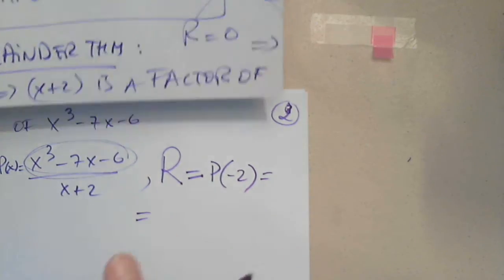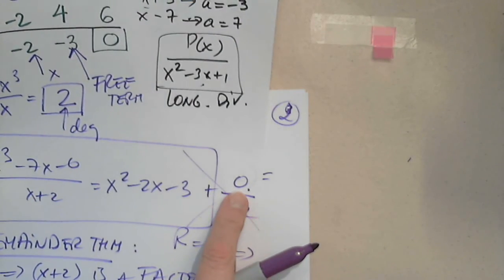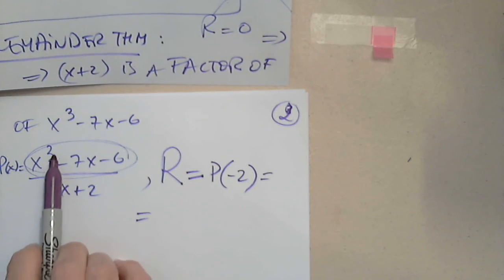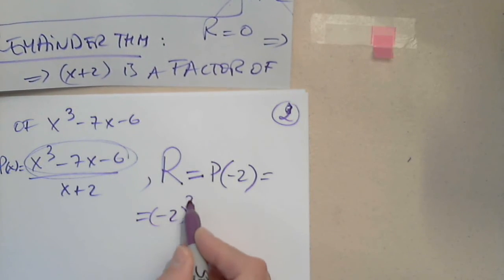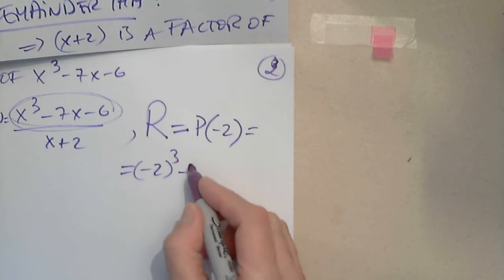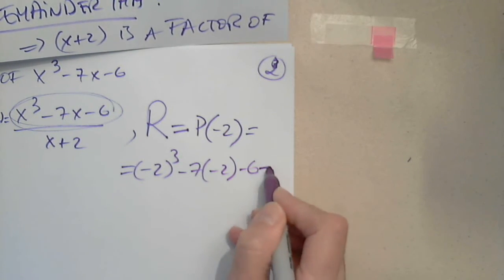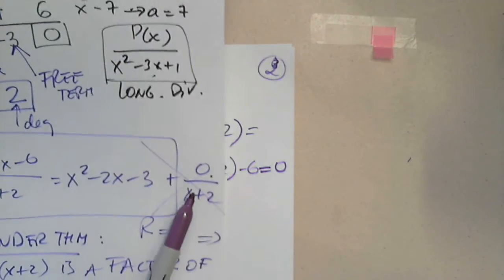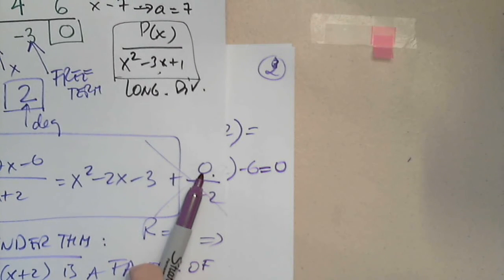And this number should be 0 because that's what we got. So x to the third, negative 2 to the third, minus 7 times negative 2 minus 6 must be 0. If not, we made an error.